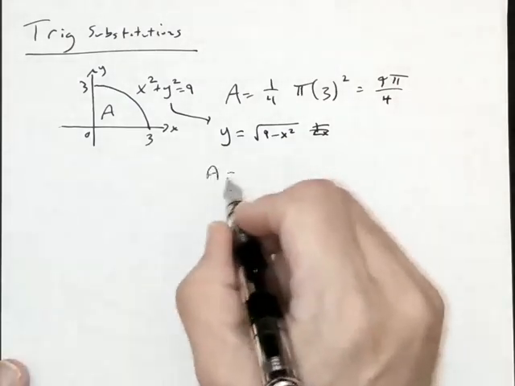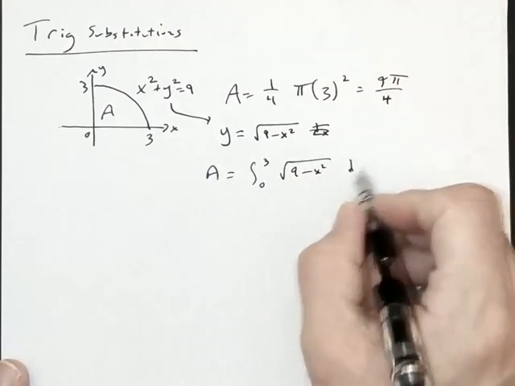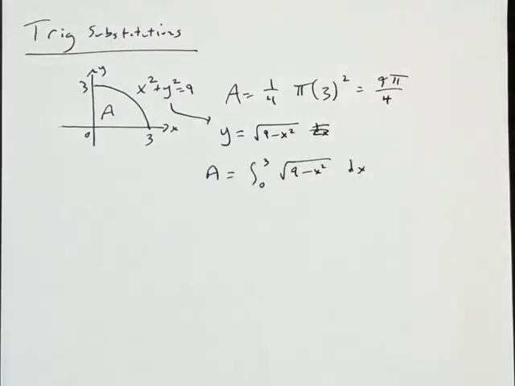So I also know that this area is the integral from 0 to 3 of the square root of 9 minus x squared dx. Wonderful, perfect, beautiful. I now know the value of that integral. But I don't know how to do that integral with calculus.